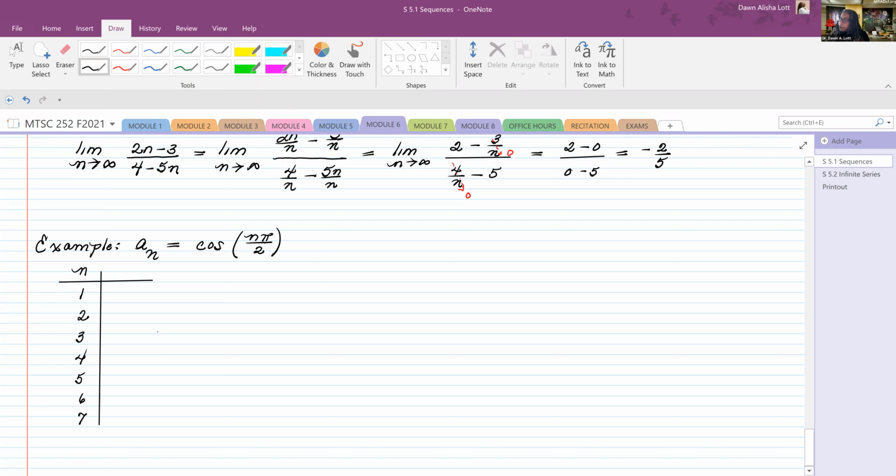All right. So therefore we get n pi over 2 is just pi over 2, pi, 3 pi over 2, 2 pi, 5 pi over 2, 6 pi over 2. Oh, that's just 3 pi.